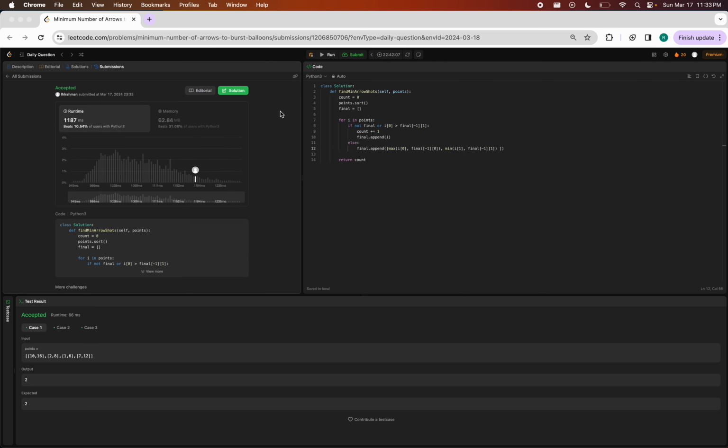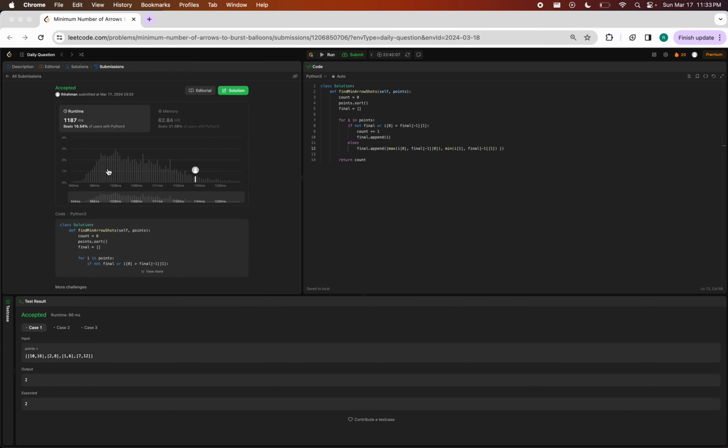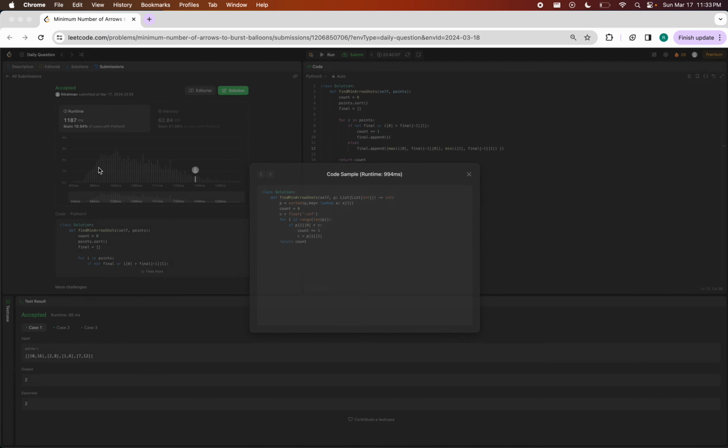Okay, so basically, the problem is I have no idea. Let's just see what these guys did. I don't know about this lambda stuff. What if I just try this lambda?